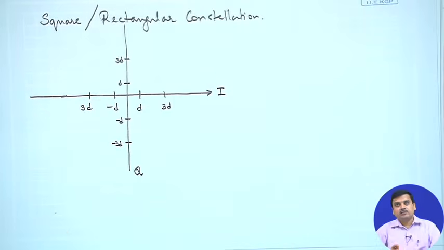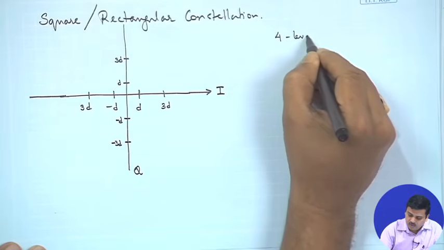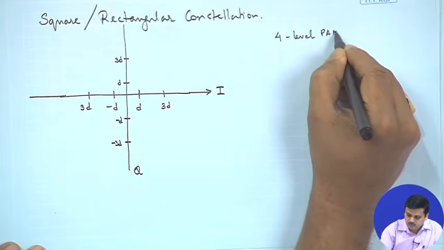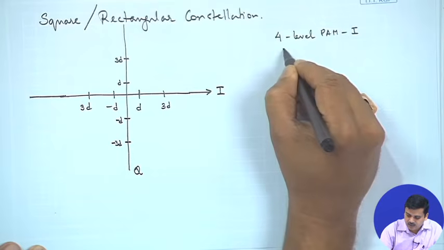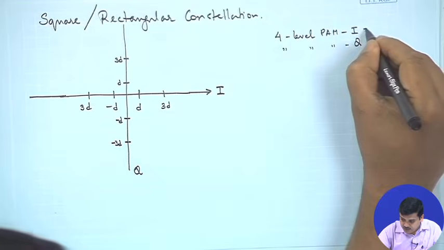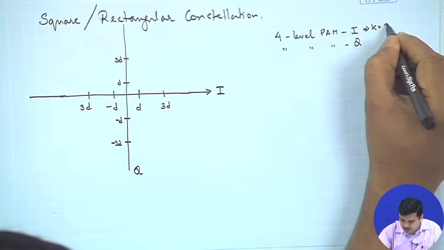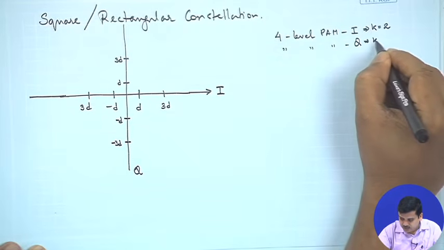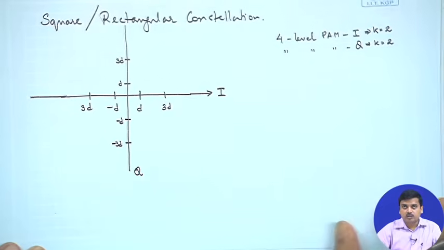So, what we have done is we have combined a 4 level PAM in the I axis with a 4 level PAM on the q axis, right. That means we have a 4 level PAM in the I axis and a 4 level PAM in the q axis. So, this would mean that k equals 2 in the I axis, and k equals 2 in the q axis.